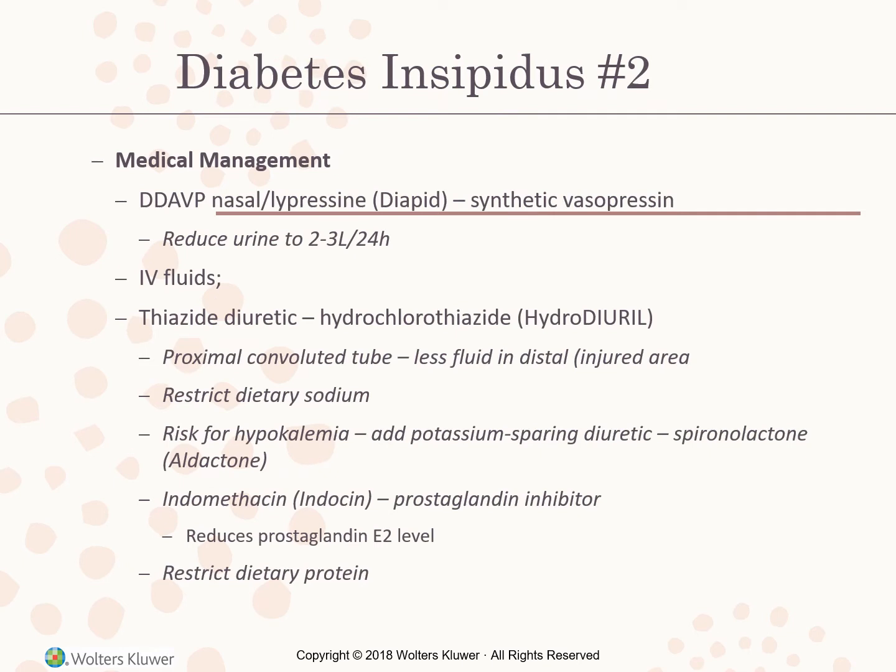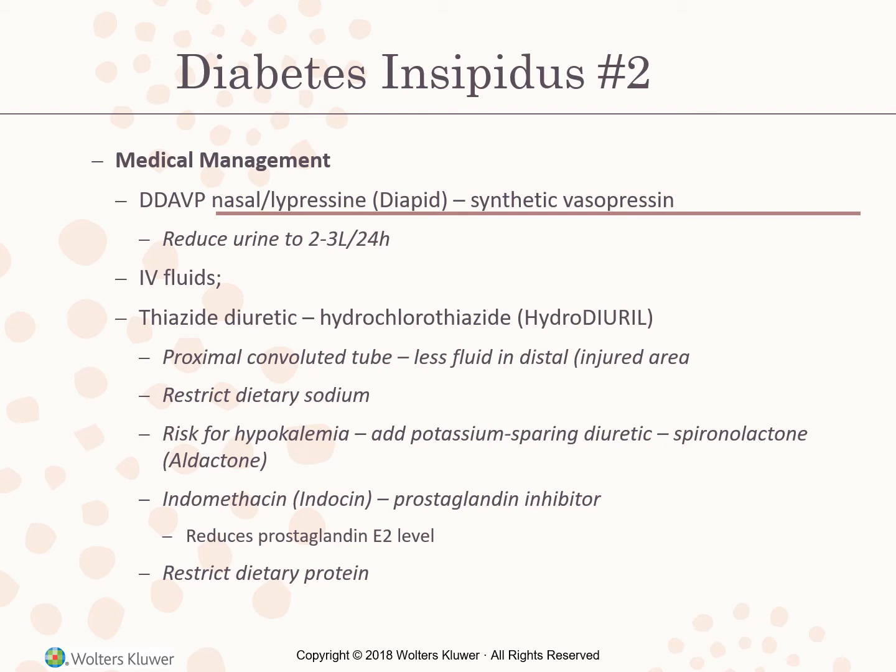Before we medically manage diabetes insipidus, we need to make sure we know how to diagnose. So, usually a fluid deprivation test can diagnose diabetes insipidus and differentiate neurogenic diabetes insipidus from nephrogenic diabetes insipidus. And once we can find the difference between the two, then we can manage.